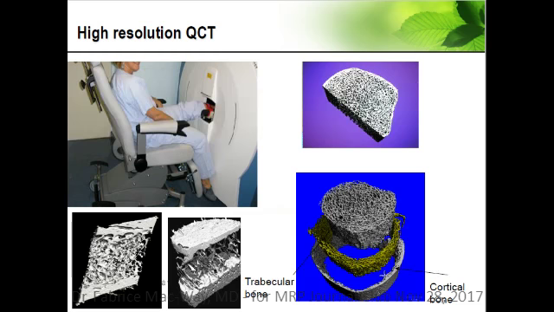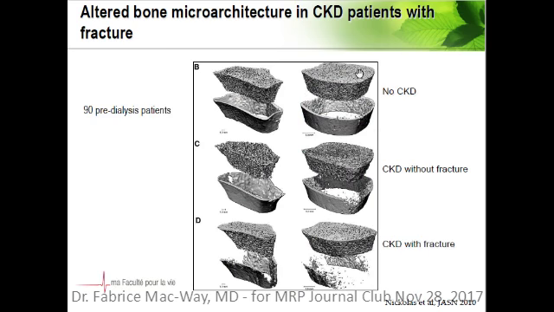One example of that was published a few years ago by Nickolas in pre-dialysis patients. You can see here the bone of patients with no CKD. In CKD without fracture, you can already see thinning and loss of cortical bone. And in CKD with fracture, you have almost a disappearance of the cortical bone.